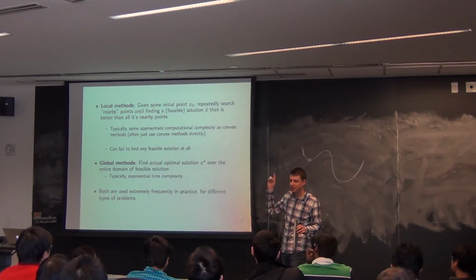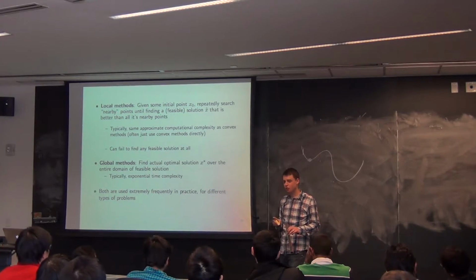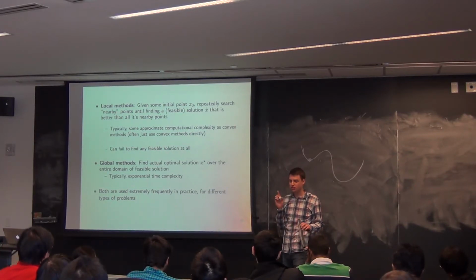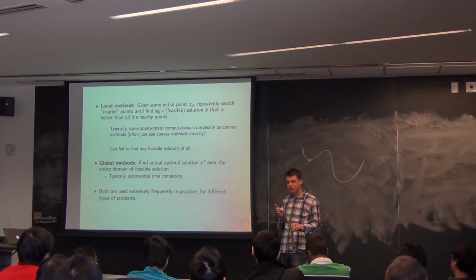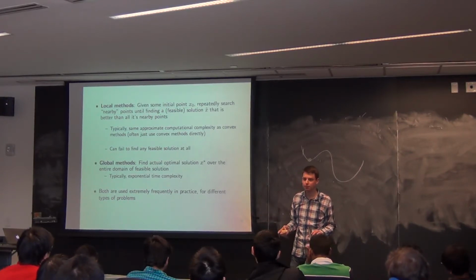I should also say, this is obviously the case for unconstrained problems. For problems that are constrained, when you have non-convex constraints, it could be that you just can't find any solution that even obeys the non-convex constraints. That in and of itself can be a hard problem.